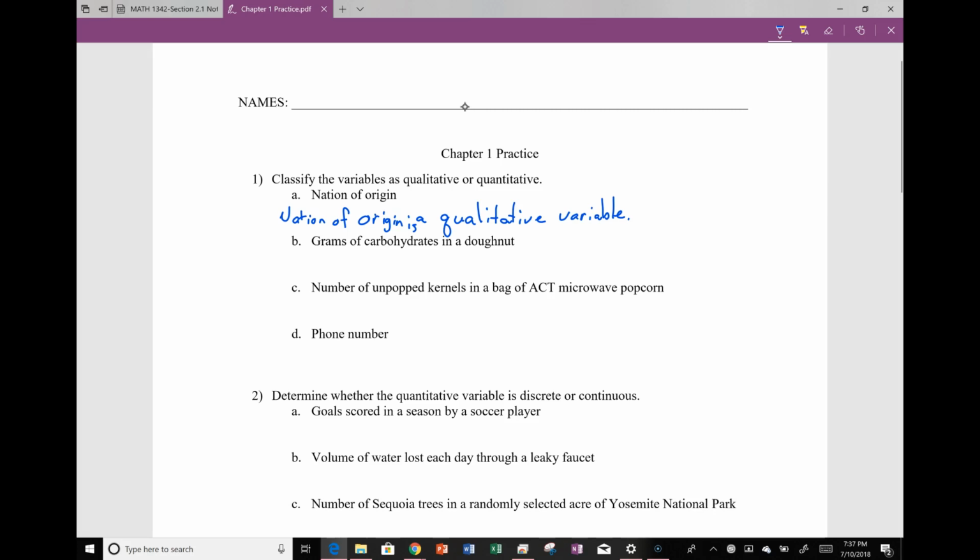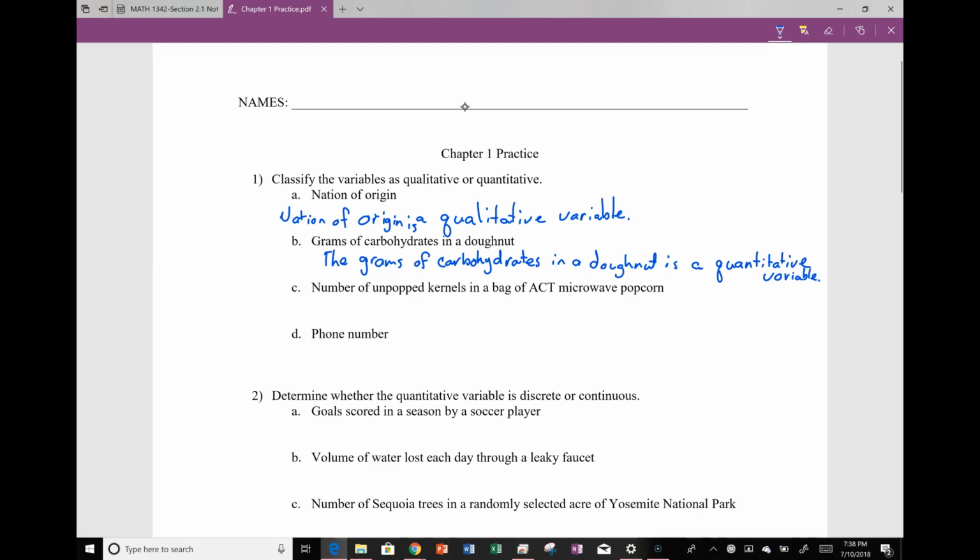And so the grams of carbohydrates in a donut is a quantitative variable. Notice I was being very specific about this.